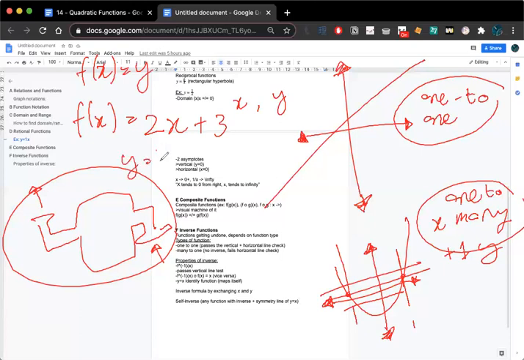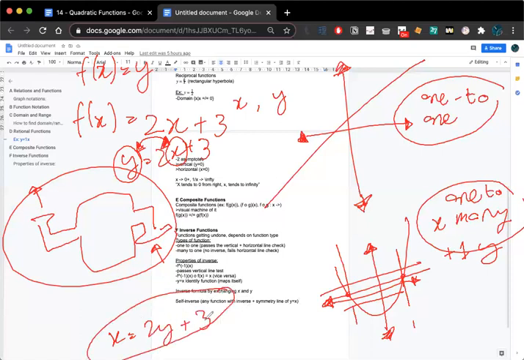So y equals 2x plus 3, and then you replace the x and the y and literally flip their variables, so it becomes x equals 2y plus 3. And after that, you make y the subject. So x minus 2 over 3. Wait, no, x minus 3 over 2 is equal to y. That's how you find the inverse of the function.